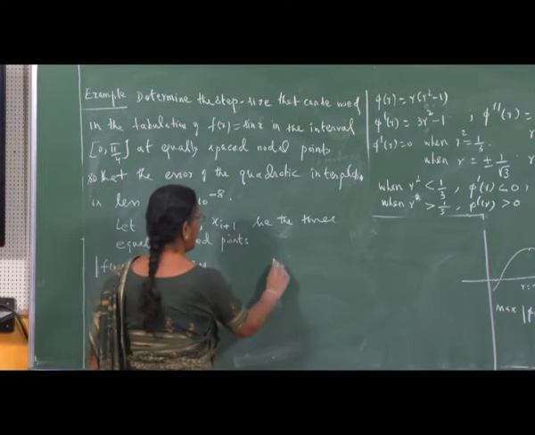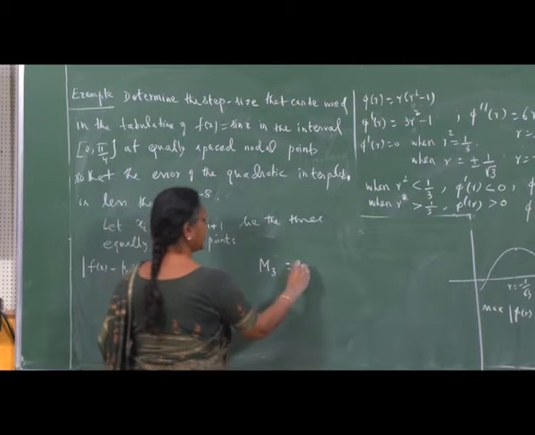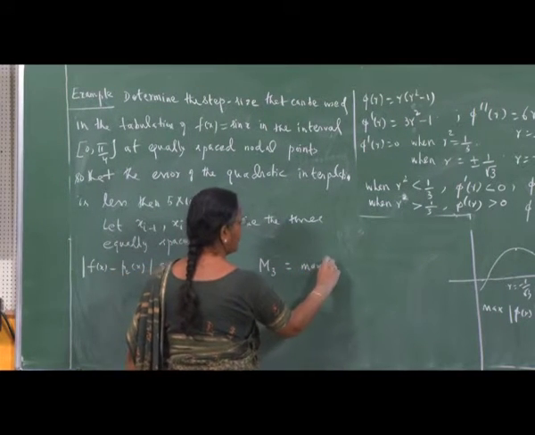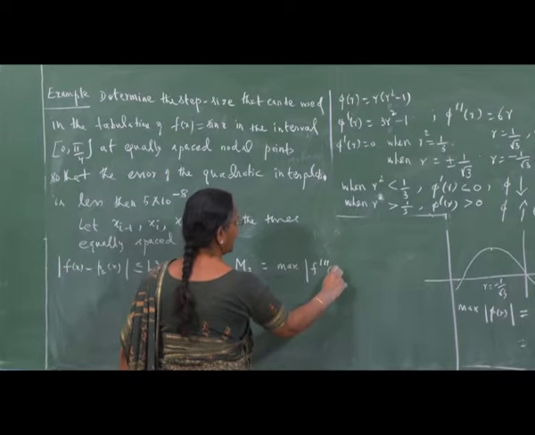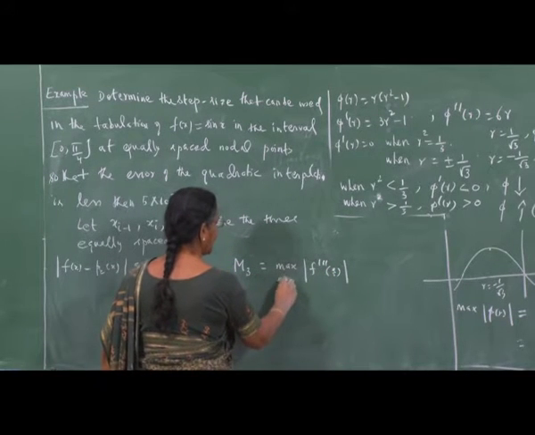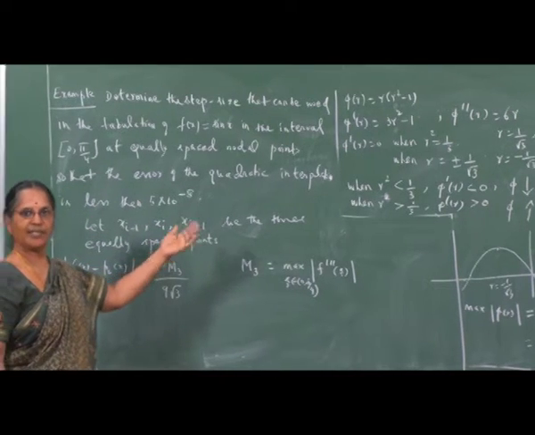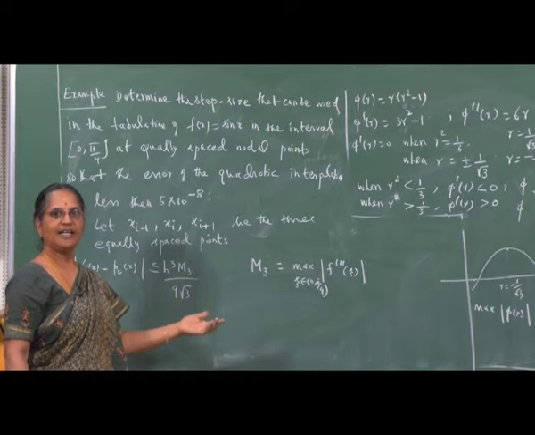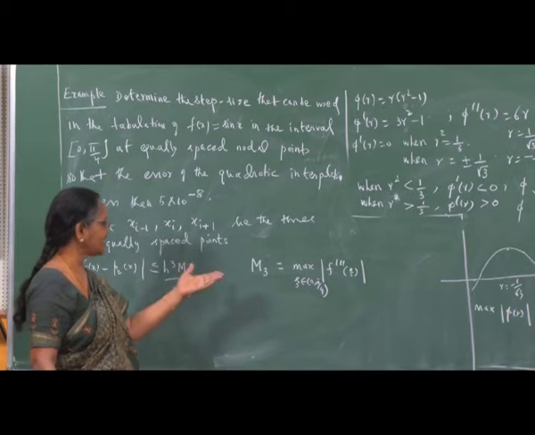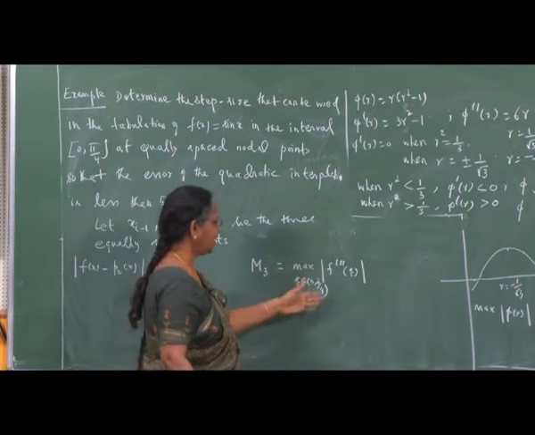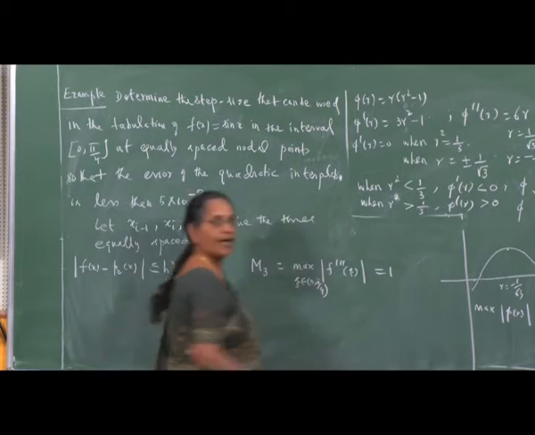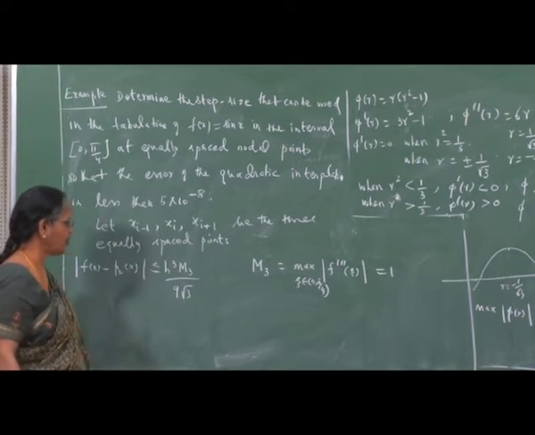So M3 can be determined, and that is the maximum of modulus of f triple dash of psi for psi in the interval 0 to pi by 4. The first derivative is cos x, the second derivative is minus sin x, the third derivative is minus cos x, and the maximum of that in this interval is going to be 1. So M3 is known.